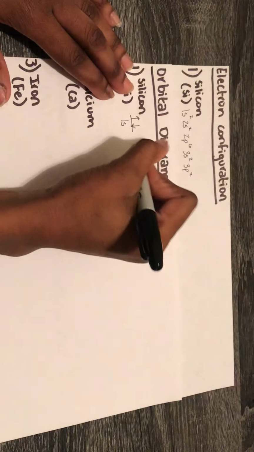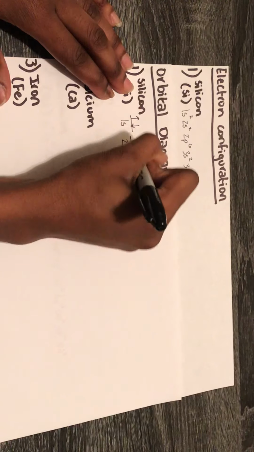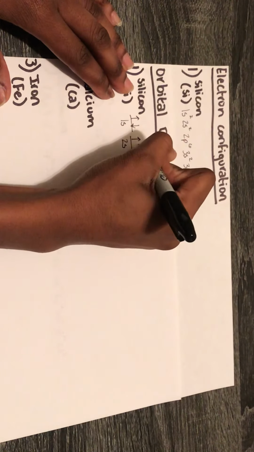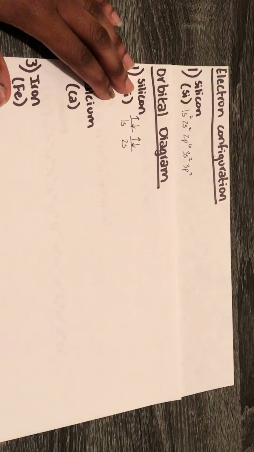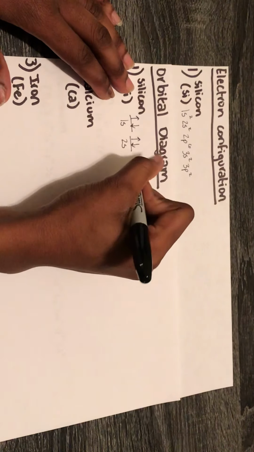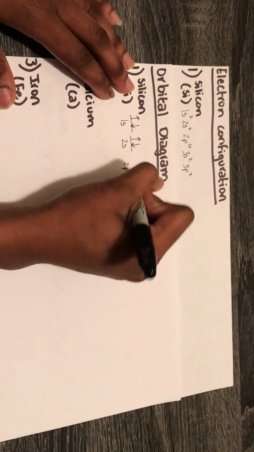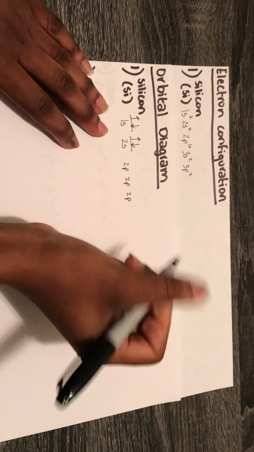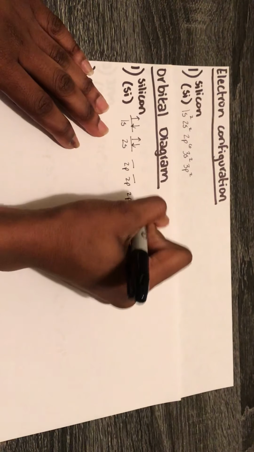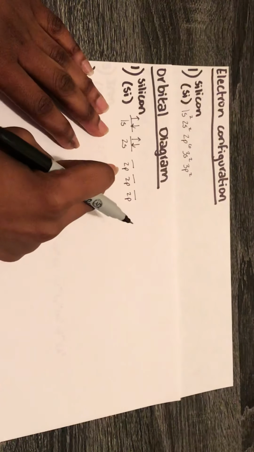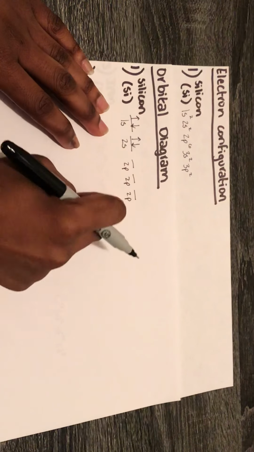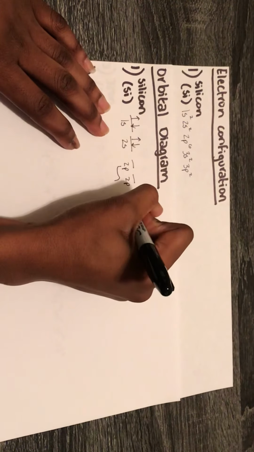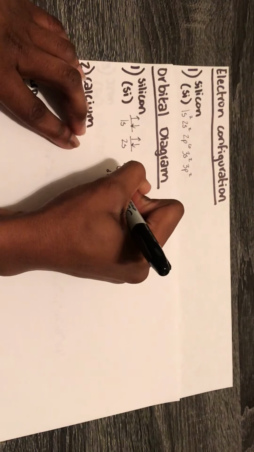Moving on to 2s, once again with the arrows, you always do 1 up spin arrow before a down spin arrow, always. Now we're moving on to 2p, and again, p has an orientation of 3, so you'll write p 3 times. No matter what number is attached to it, whether it be 3p, 4p, 5p, you always write the p 3 times. And by the way, when you have a block of the same thing like this, this is a degenerate orbital.